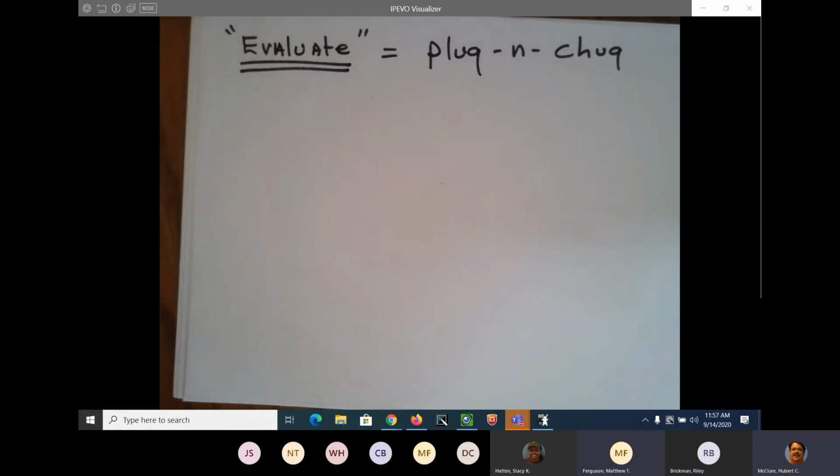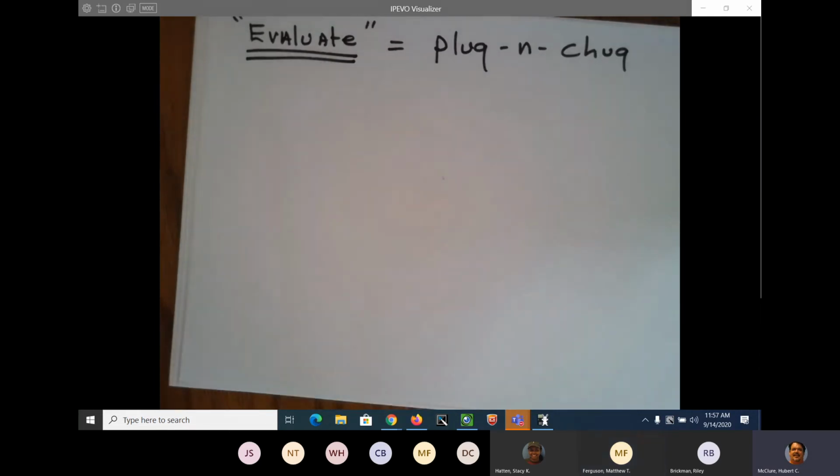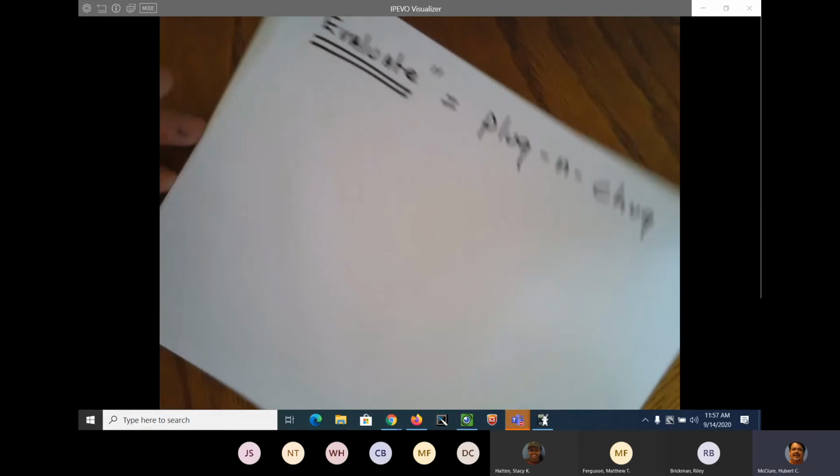Close second would be chocolate Frosted Flakes, but it doesn't make as good chocolate milk as Cocoa Pebbles. I'm more of a Captain Crunch guy. I never did like Captain Crunch.